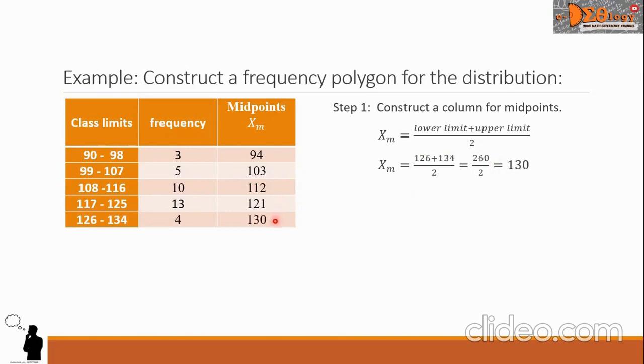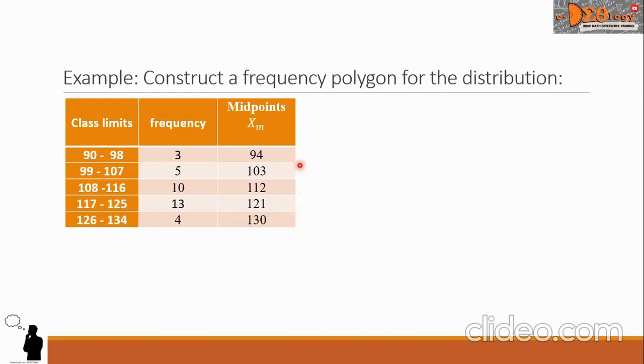The last value is 130. We got this from 126 plus 134 divided by 2. The sum is 260 over 2, so we get this 130. We are now done with the column of the midpoints.